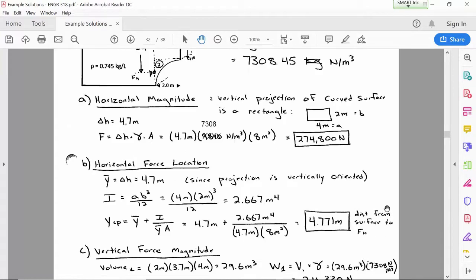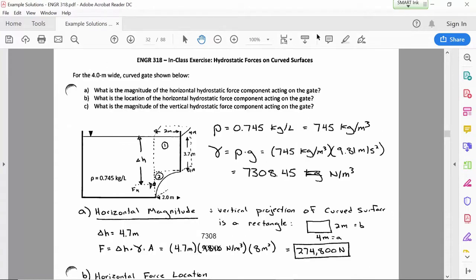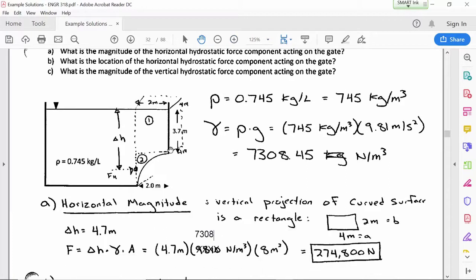Finally, the vertical force. Now, I broke this up. I just did little dashed lines here to delineate what the shape looks like. There's two pieces. There's this one piece that is 2 meters by 4 meters by 3.7. So that's piece 1.